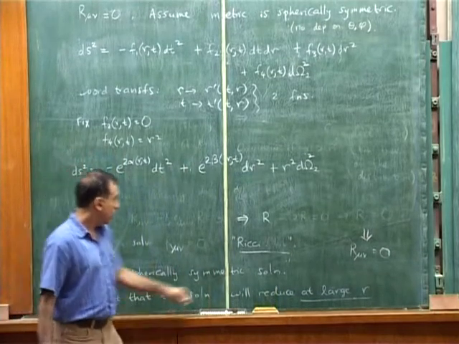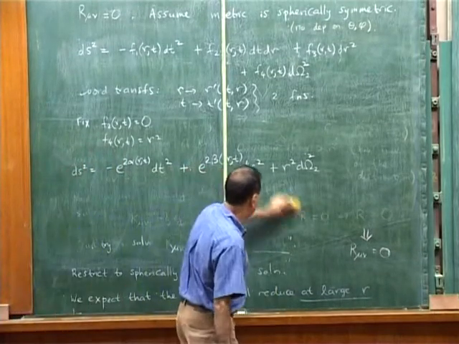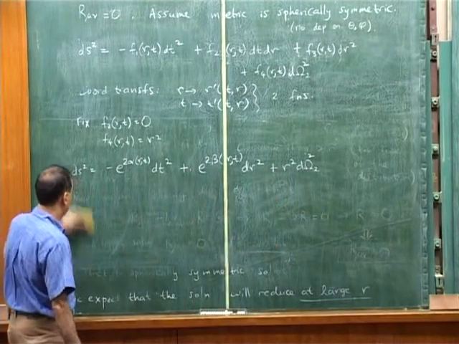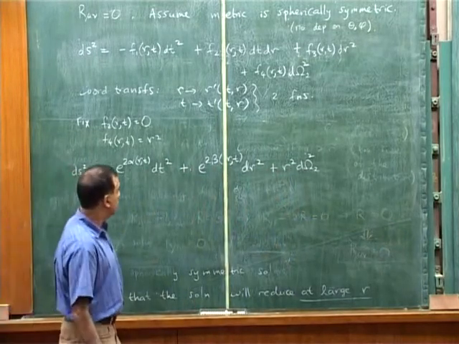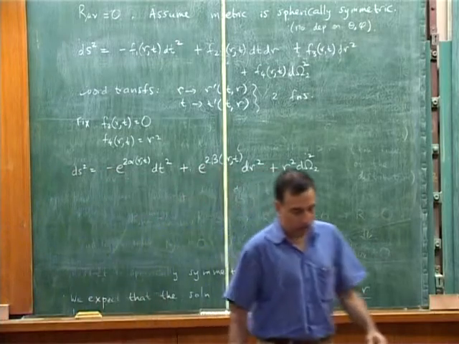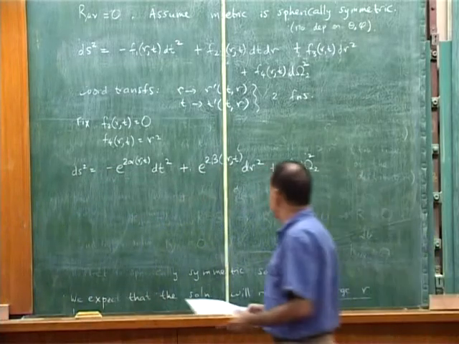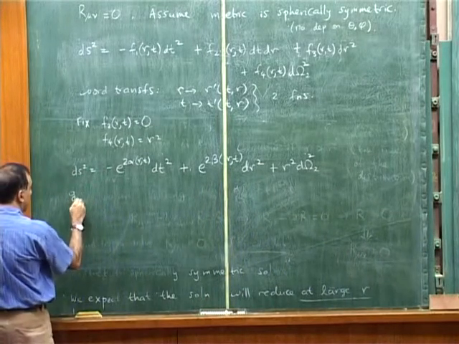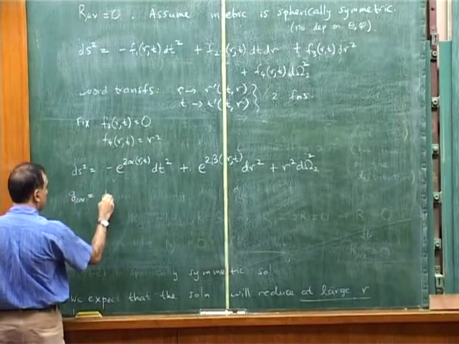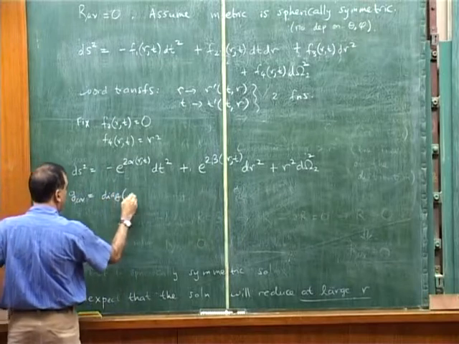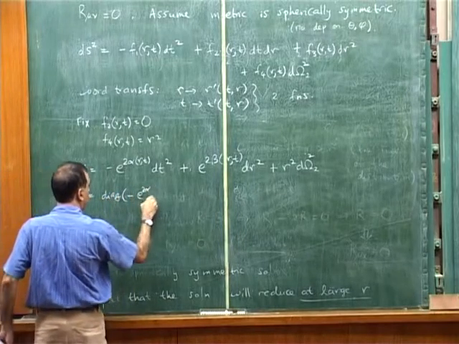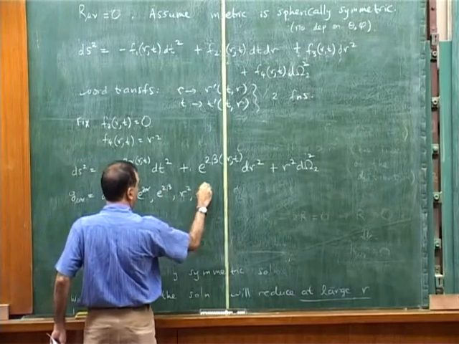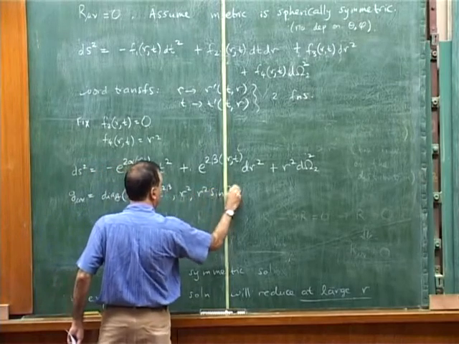Very good. Now, we can only go on talking so long without implementing Einstein equations. Sooner or later we have to agree to do some calculation, and this is the point where we start. So let's notice that the metric now, if I write it as a matrix, is diagonal: minus e to the 2 alpha, e to the 2 beta, r squared and r squared sine squared theta.